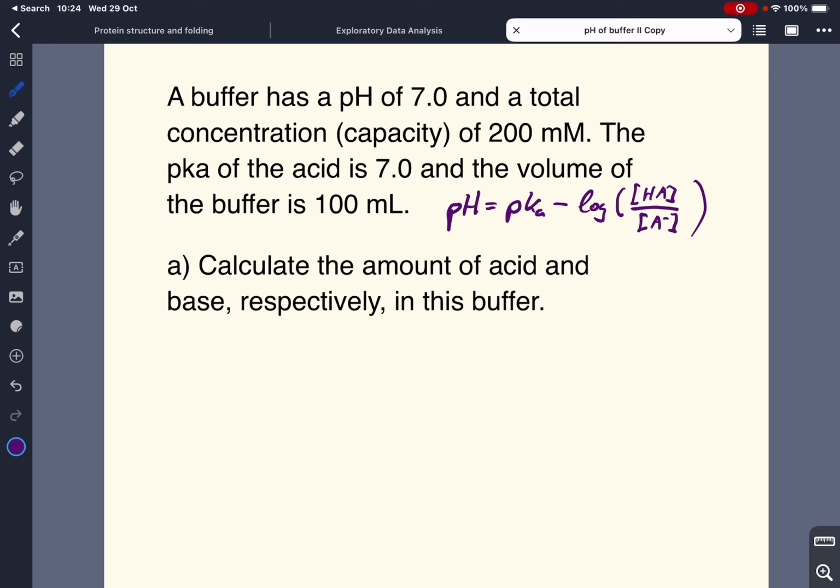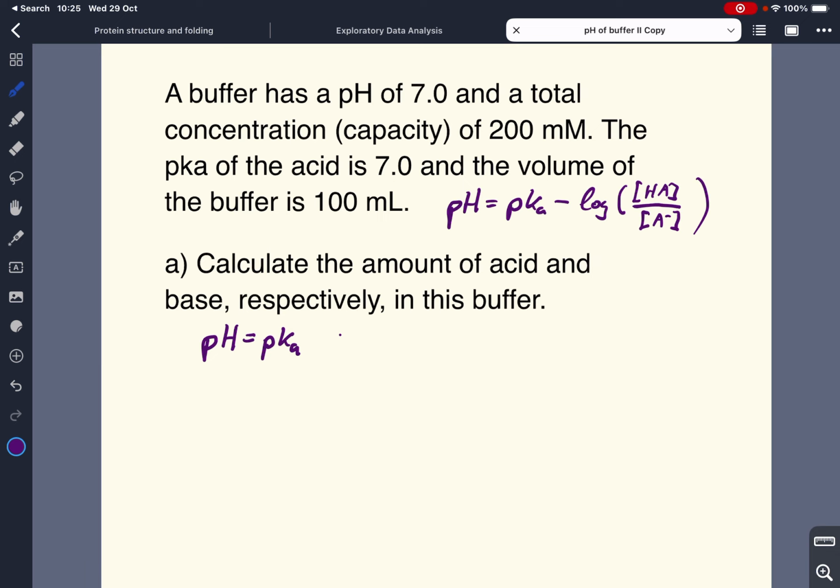And we know that when the pH equals the pKa, we can conclude that the acid and the base concentration are the same, like this. So we know acid and base concentration are the same. And that's a very useful starting point.